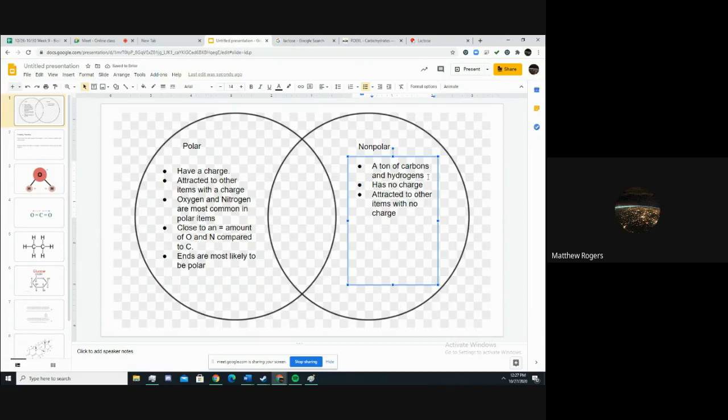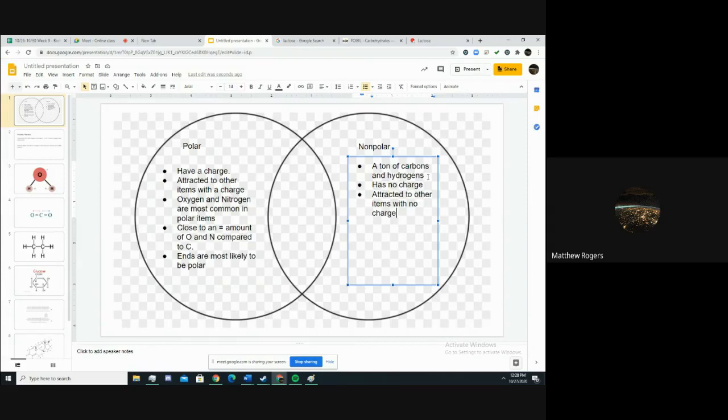Now, to be honest with you, they're not so much attracted to other things with no charge. They're kind of forced to be. The idea here is water likes things that are polar. And if you are non-polar, you are kind of relegated to only be able to talk to non-polar things. Non-polar things actually have no problem with polar things at all.